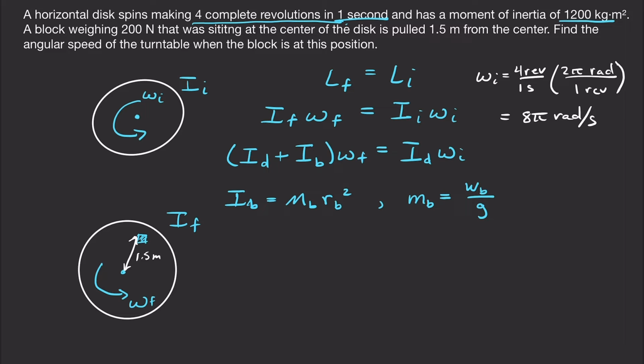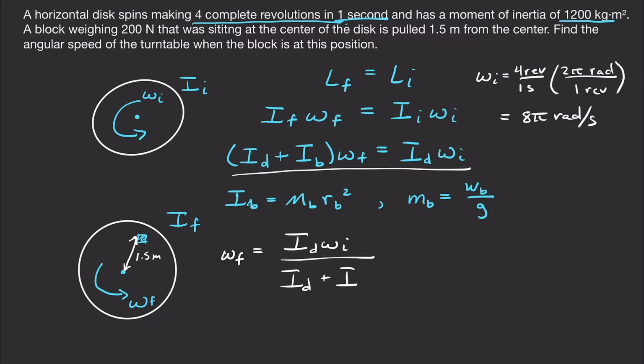So if we solve this for omega f, just by dividing the right side by the total moment of inertia at the end, then we get this, and we're ready to plug in.